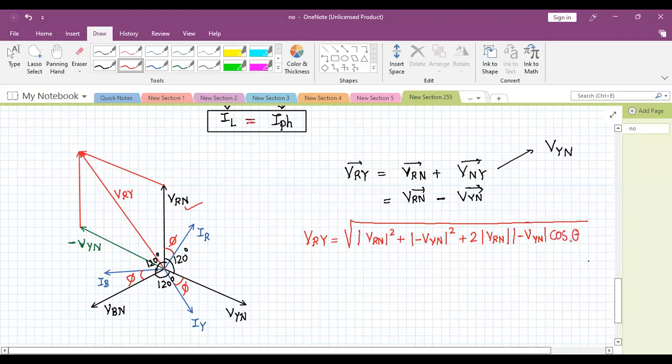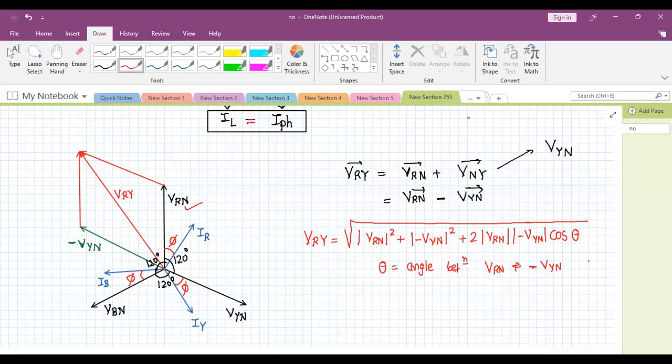What is theta? Can anybody tell me? Theta is the angle between VRN and minus VYN.